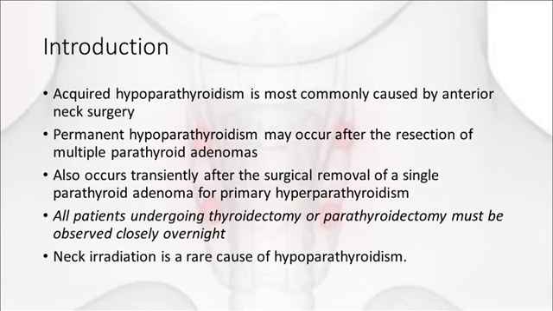Permanent hypoparathyroidism may occur after the resection of multiple parathyroid adenomas as well. Also, it may occur transiently after the surgical removal of a single parathyroid adenoma from primary hyperparathyroidism.